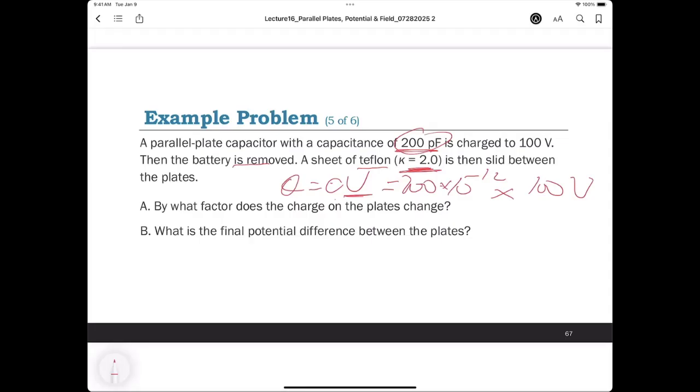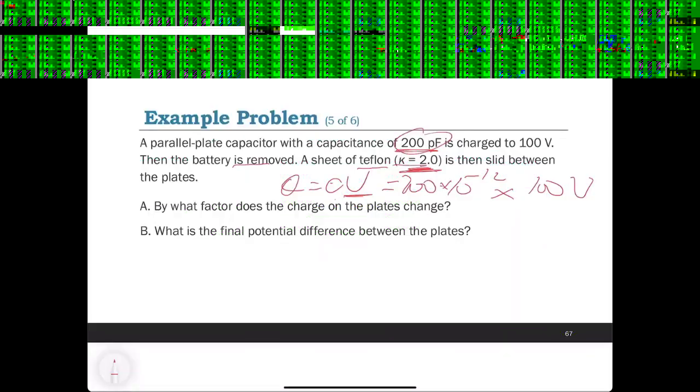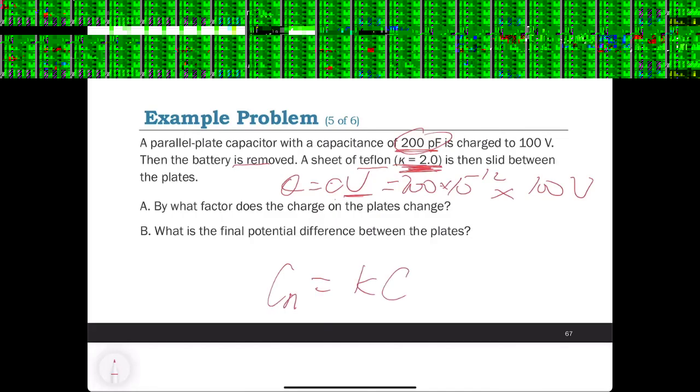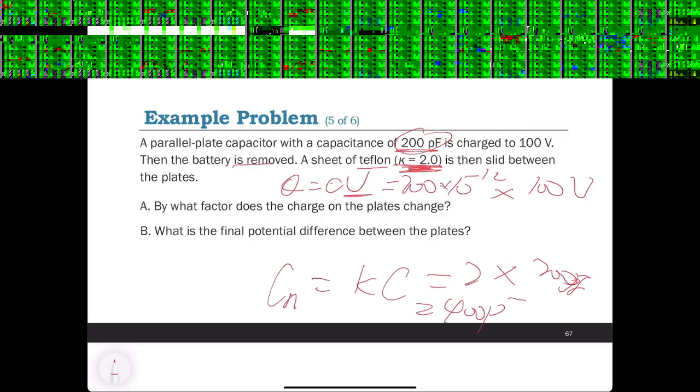And then the new capacitance, because K equals 2, the new C equals K C, which equals 2 times 200 pF, equals 400 pF. Am I right?